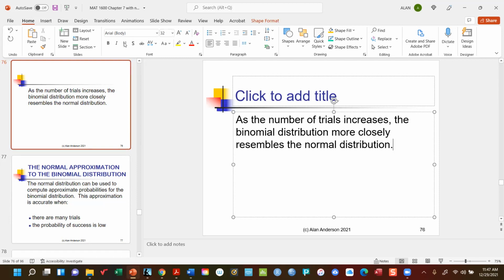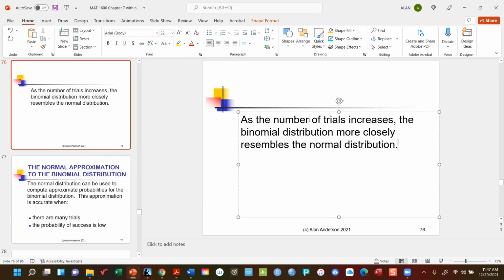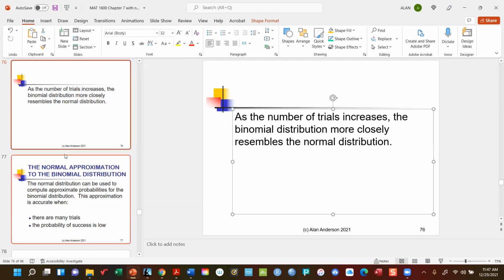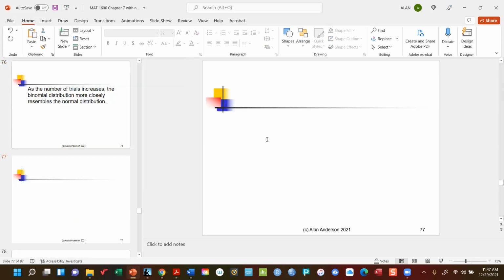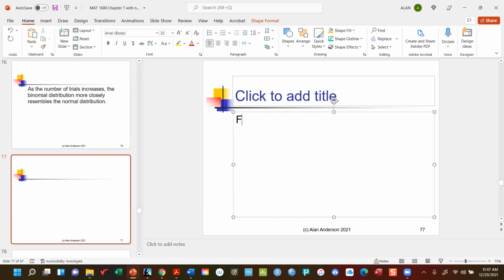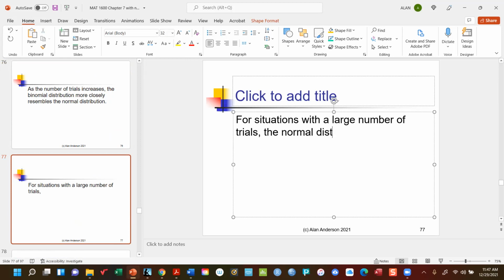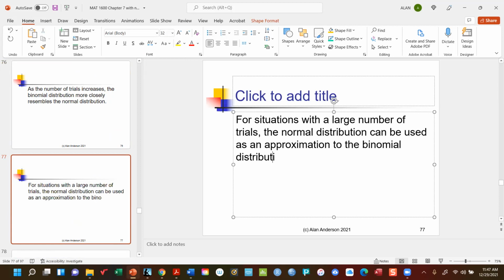Now, why does that matter? Well, here's why. That being the case, for situations with a large number of trials, the normal distribution can be used as an approximation to the binomial distribution.